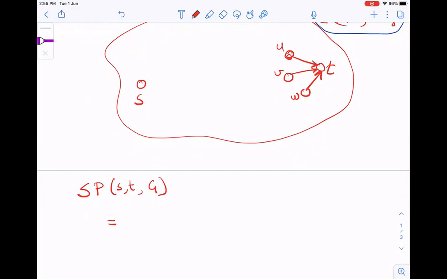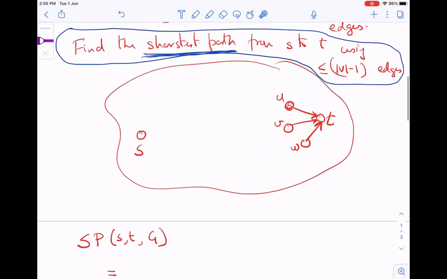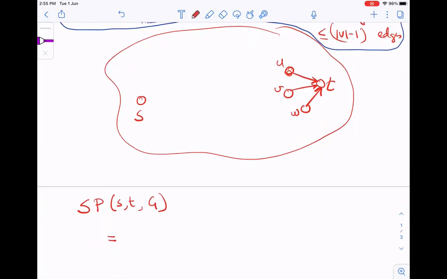So let's consider the shortest path from S to V. Now if there is a path that takes less than or equal to v minus 1 edges, then the path from S to V takes at most v minus 2 edges, right?